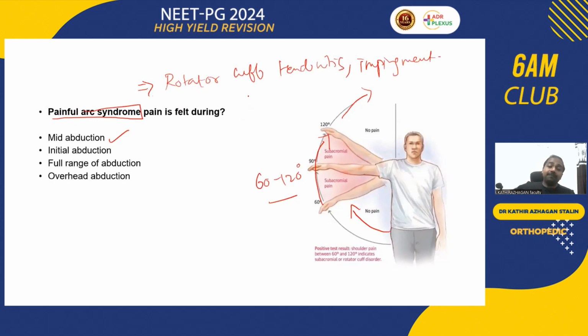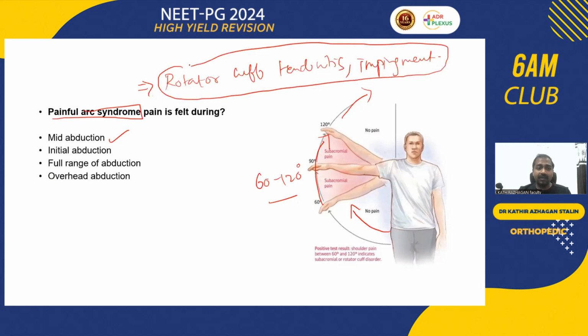It will be there while lifting, but also while bringing the arm down, and while bringing the arm down the pain would be more than while lifting. That is classical for rotator cuff tendinitis and impingement. If you are in my clinic, I will demonstrate it in like 20 patients every day.